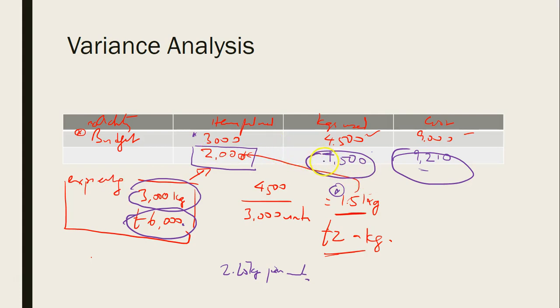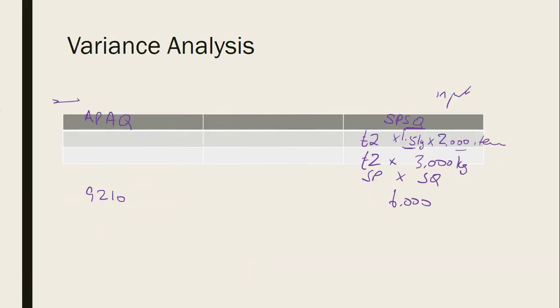So I know that you used 4,500 kilograms, the actual quantity used, and therefore you paid 9,210 divided by 4,500.